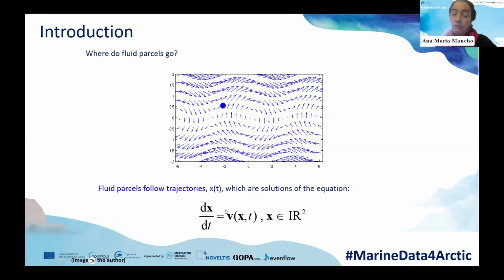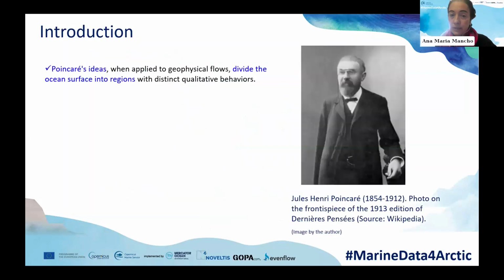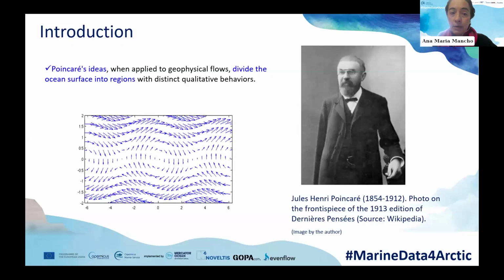So to try to find order in these fluid parcels, we are going to use ideas from dynamical systems that are due to Poincaré, a mathematician who, in the context of celestial mechanics, introduced concepts that are exportable to the context of the ocean. Instead of representing fluid parcels individually on the ocean surface, he proposes to look in the ocean surface for a partition where fluid parcels behave similarly.